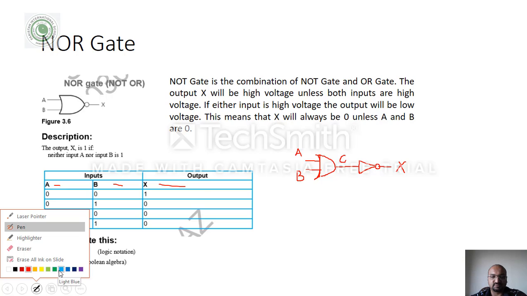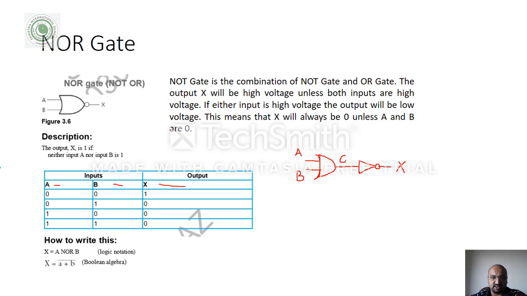Whenever A is 0 and B is 0, the OR gate output is 0, because from previous lessons we know that in an OR gate, if both are low voltage the output will be low voltage. But here it is a NOT gate, so the low voltage is converted into high voltage, so the answer is 1.